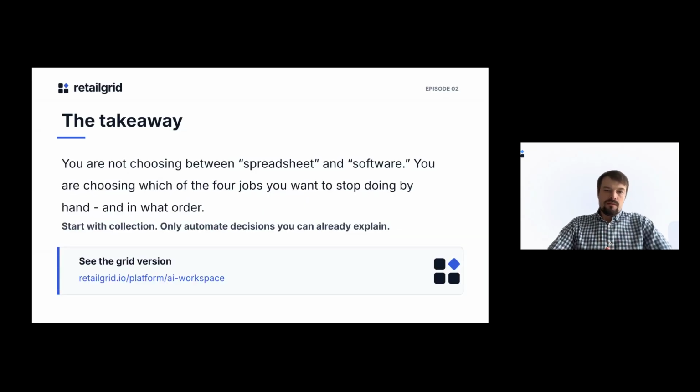In Retail Grid, our vision and positioning is that we are trying to build not just software, but a solution for the next step. You are in a spreadsheet now; we also have a spreadsheet, but it's much more powerful.